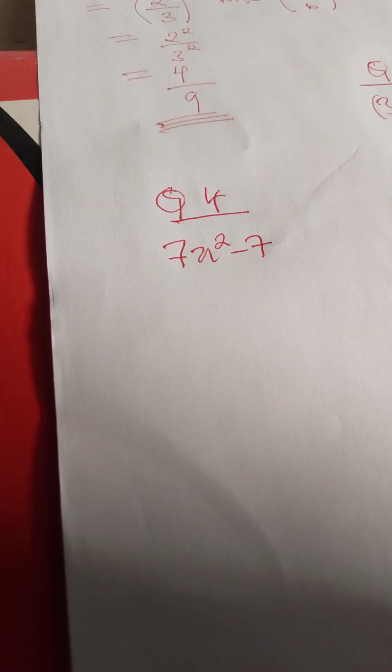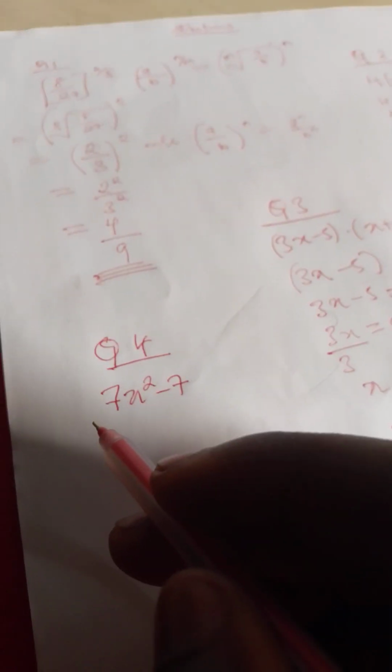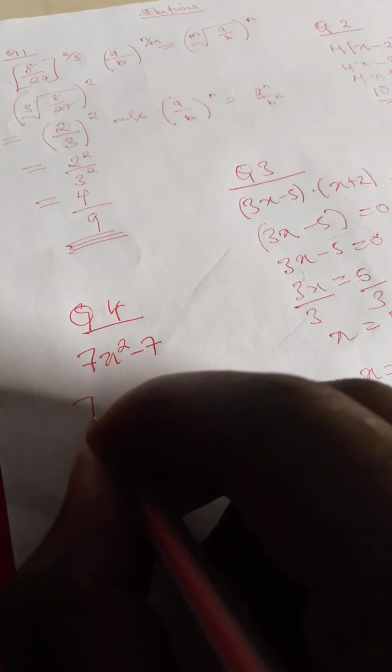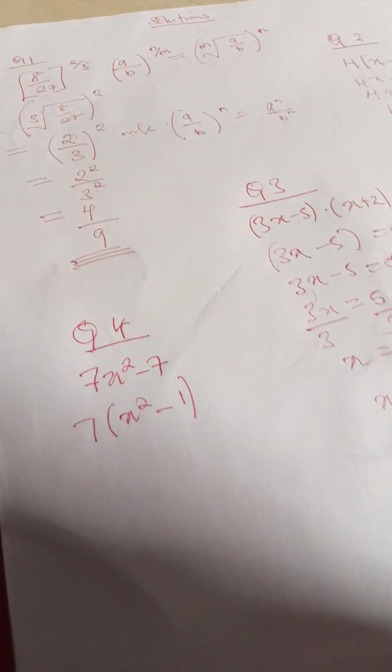When I say both sides, meaning before the sign in between the two given terms, what is common on both sides. So here we can see that 7 is common, so I'm going to factor out 7. Then inside I'm going to remain with x squared minus 1. When I divide by 7, I'll have a 1.